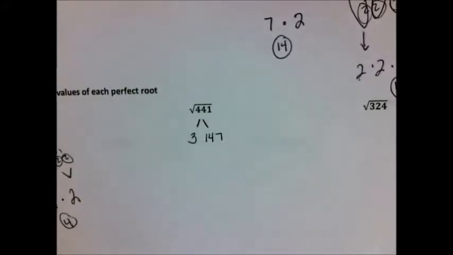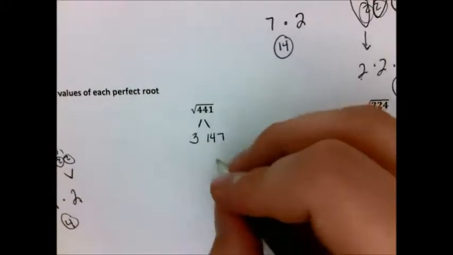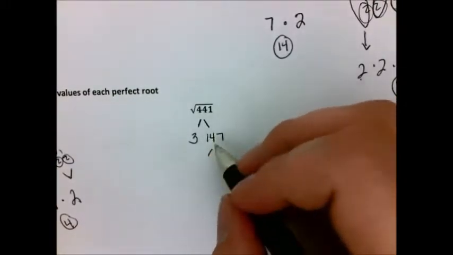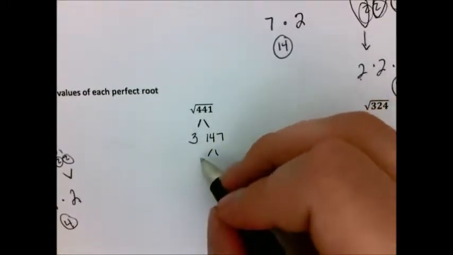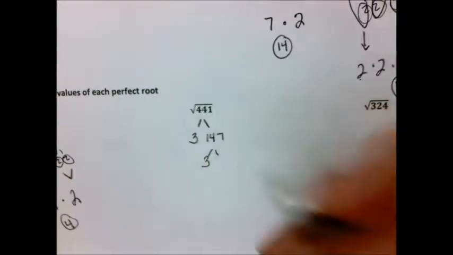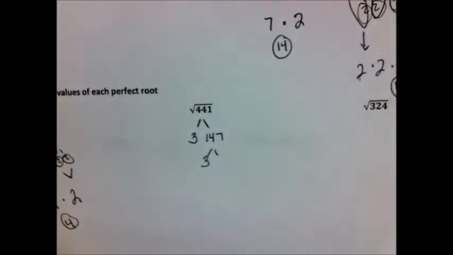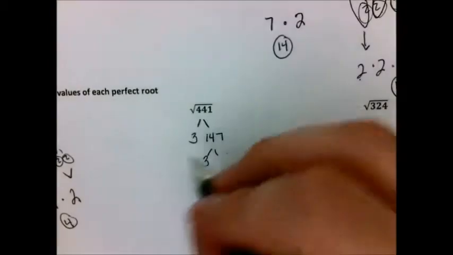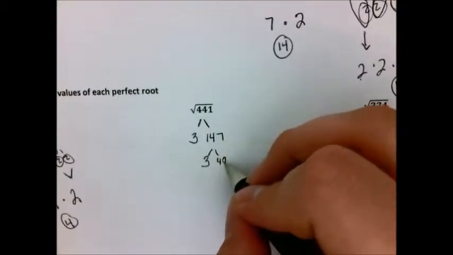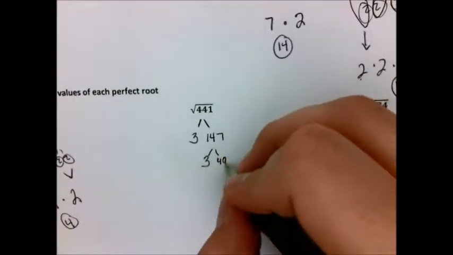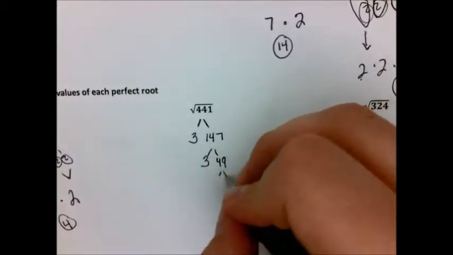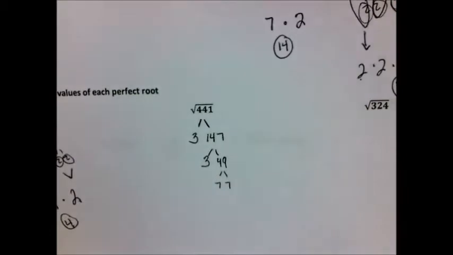Alright, now 147 kind of looks like a hard one too, so let's try 2 first. Well, 2 doesn't work, so let's try 3. Well, if we divide this thing by 3, we should get 49. 49 is kind of easy because it breaks down to 7 and 7.